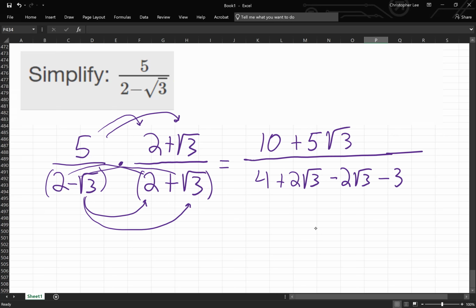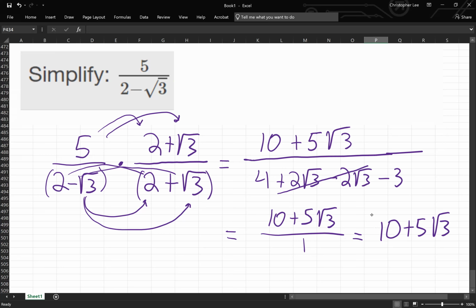Anyway, combine like terms. These two, you notice how they're the same, right? They're going to cancel out. So I have 10 plus 5 square root 3 over 4 minus 3, which is 1, right? So my final answer is 10 plus 5 square root 3, and that's it.